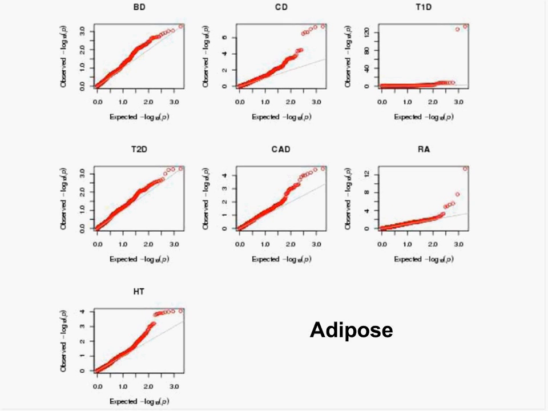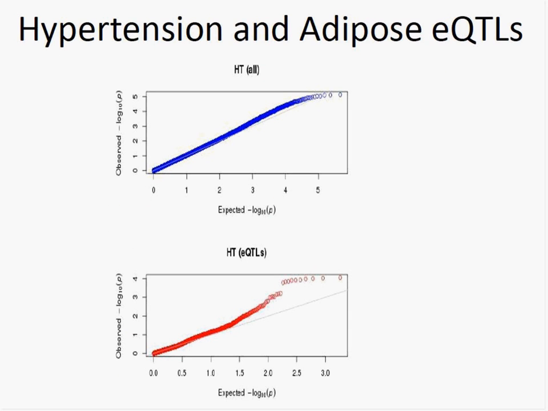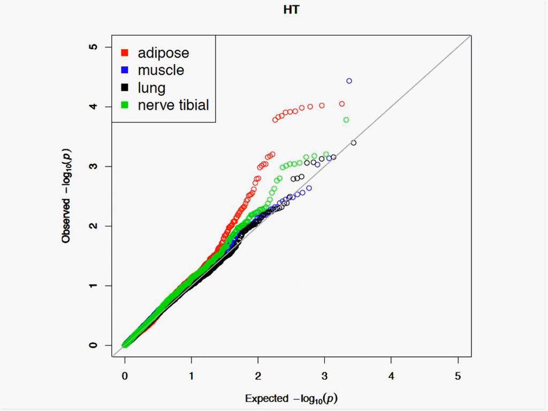But in adipose, we pick up signal. And so the notion that the tissue where you're starting to see enrichment of signal may tell you something new about the biology of a phenotype is quite interesting. So here on the same plot you see several different tissues.